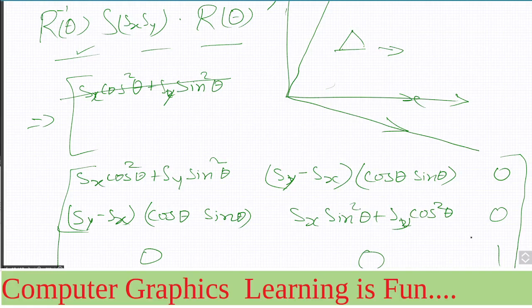So this is an example of such a transformation where you need to rotate it and then scale it, and then you can rotate it again.